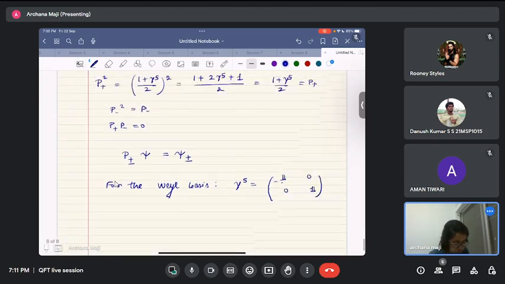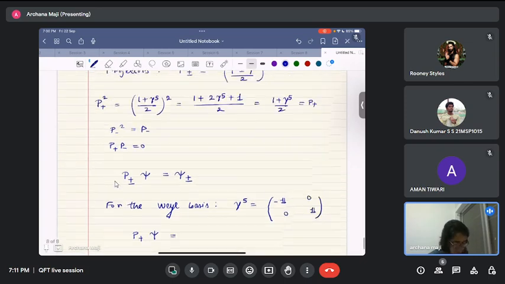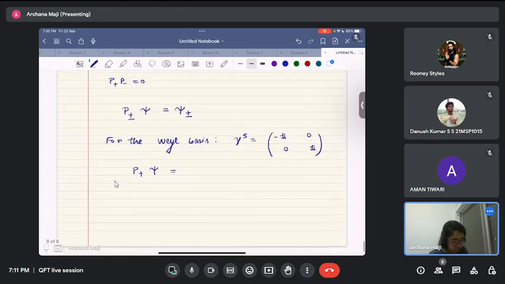Okay. So what will then be P plus? P plus acting on psi will be equal to, what is P plus? P plus is 1 plus gamma 5 over 2, right?